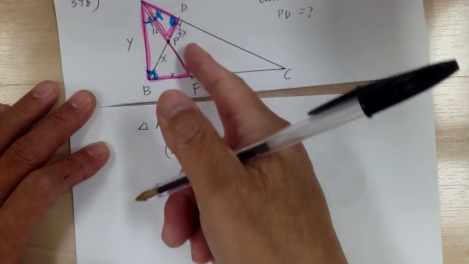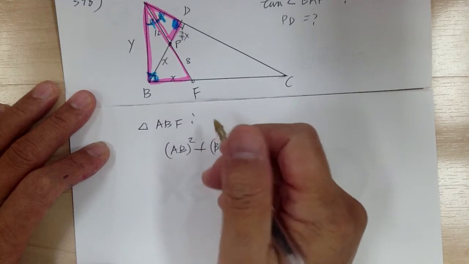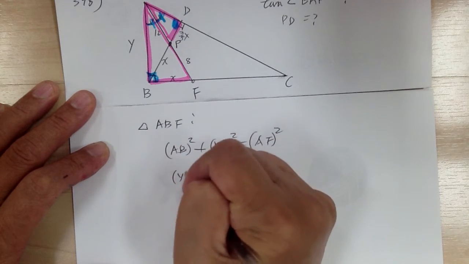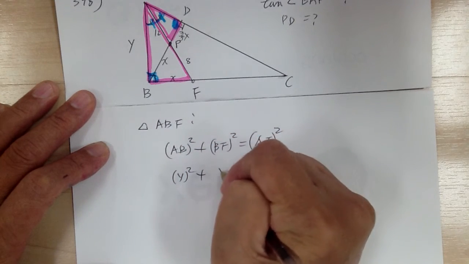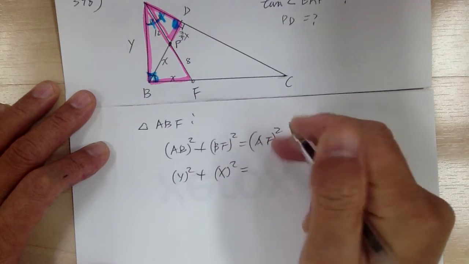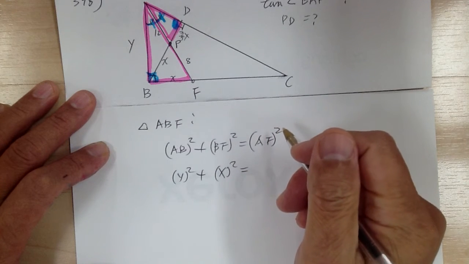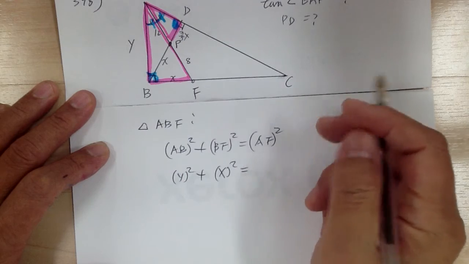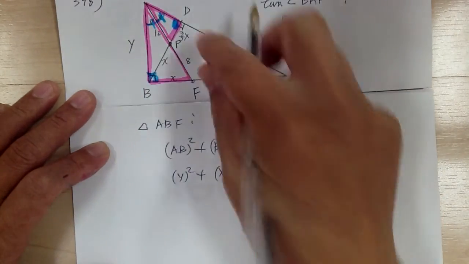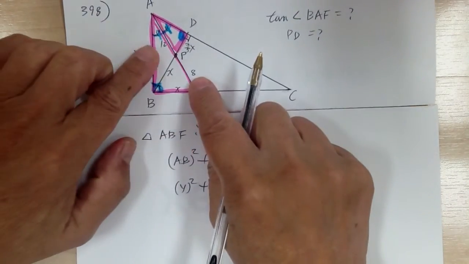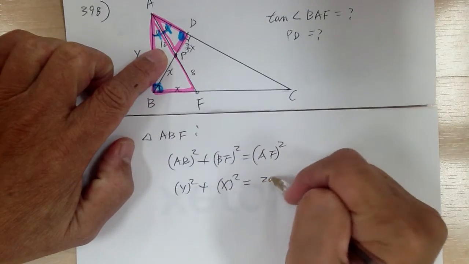So basically we're trying to solve for x. AB is y, BF is x, and AF is 20 because you've got 12 and 8, so that's 20.